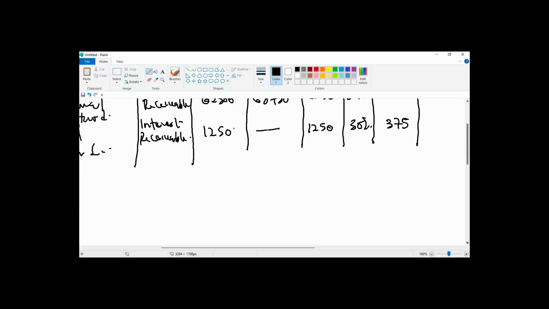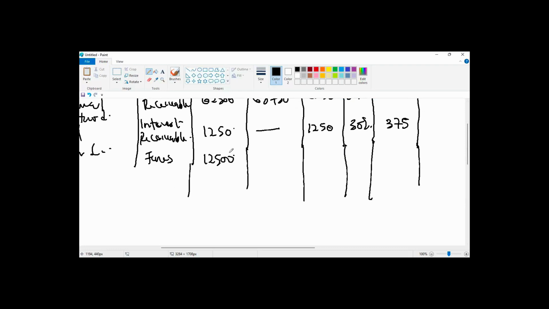Next. Payables. Other payables, we have fines. How much is the fine? The carrying amount of the fines in the books? 12,500.